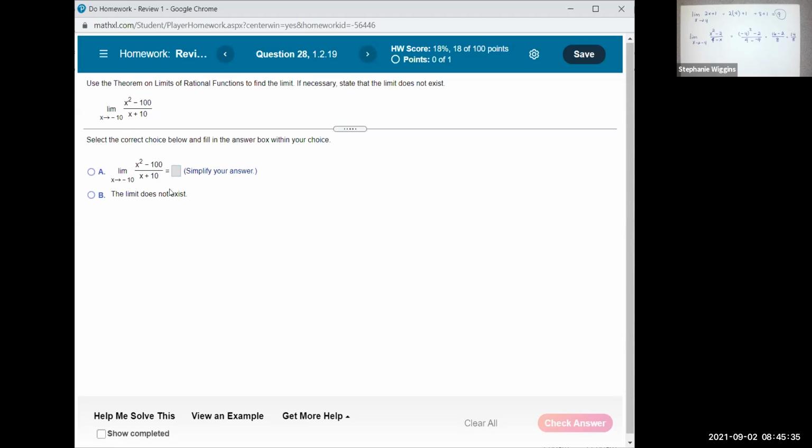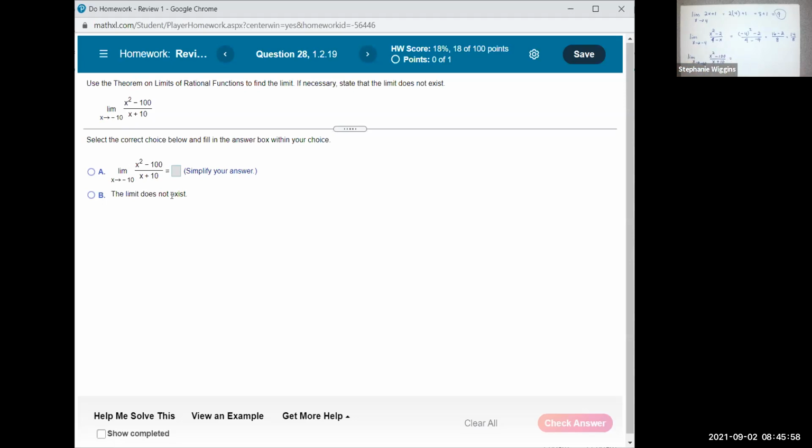So, okay, here's the problem I was talking about, where you have to use the theorem on limits of rational functions. So we have here the limit as x approaches -10 of x squared minus 100 over x plus 10.